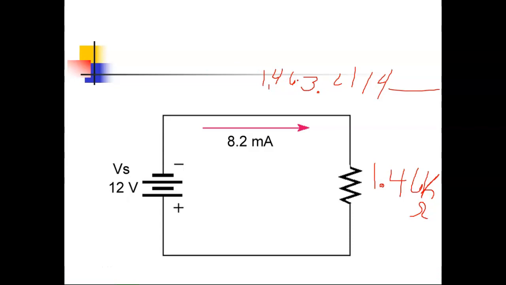So it's 1,463. If you do shorten it, guys, be careful when you do, because it should end up being 1.46 kilo ohms. And why is it kilo? Because you gotta see for yourself, it's in the thousands. Okay?